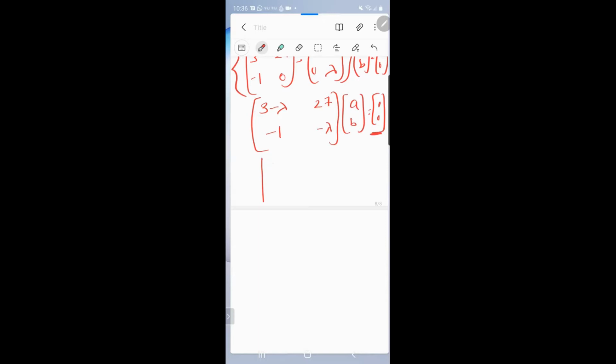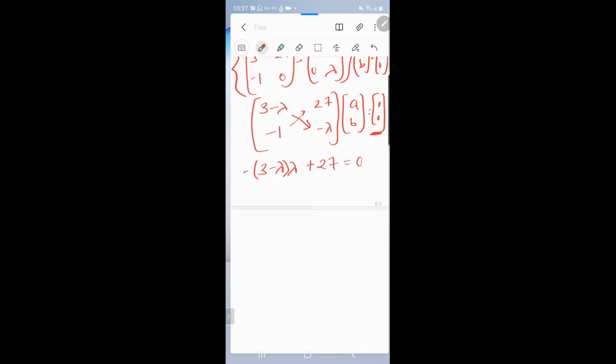You guys can Google and learn how to calculate the determinant of a matrix. It's relatively straightforward for a two-dimensional matrix like this. It's simply multiply these two, and subtract them. So we get 3 minus lambda times minus lambda, minus or plus 27 equal to 0.